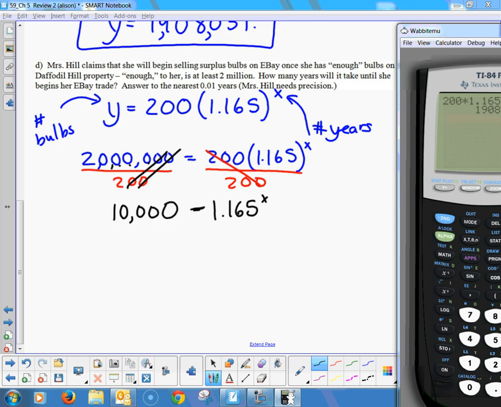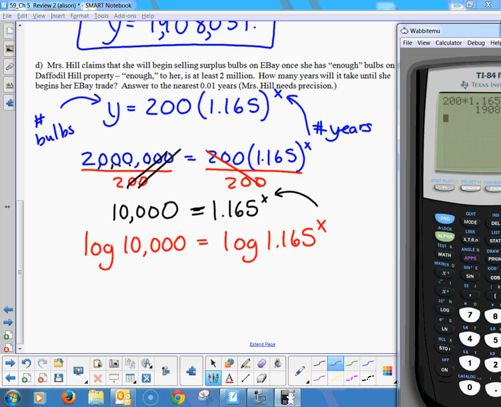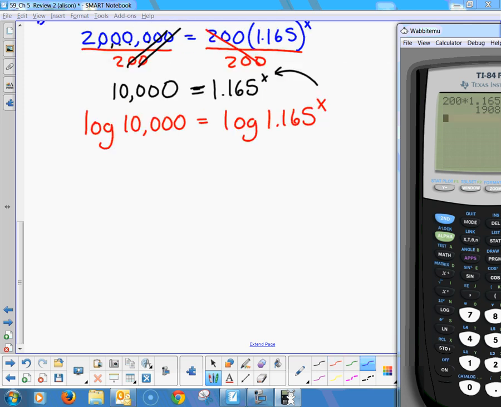And if we're solving for an x, we would take a log of each side. Log of 10,000 equals log of 1.165 to the x. And we did that so that we knew that we could pop out this little x right there. So this is x times log of 1.165 equals log of 10,000.